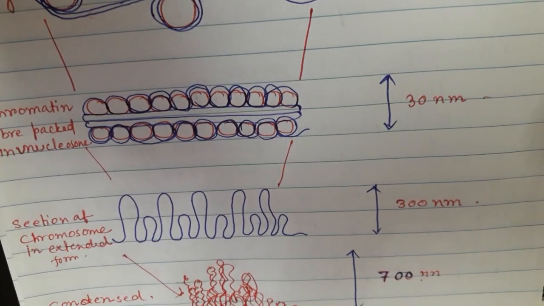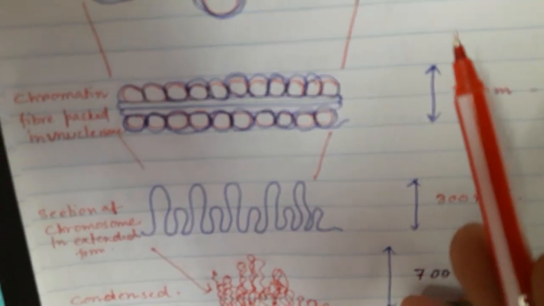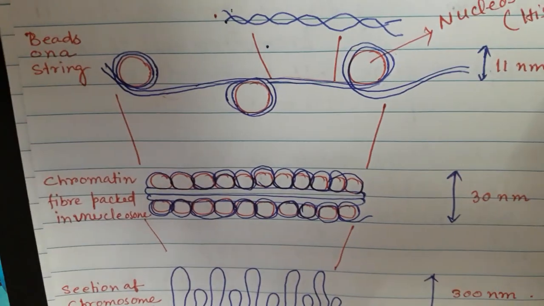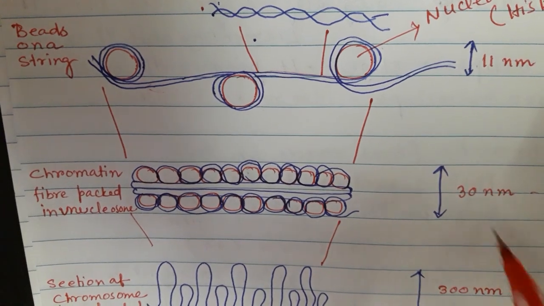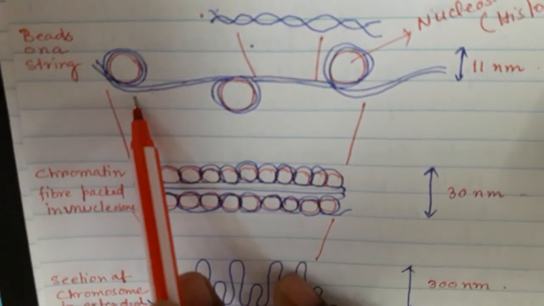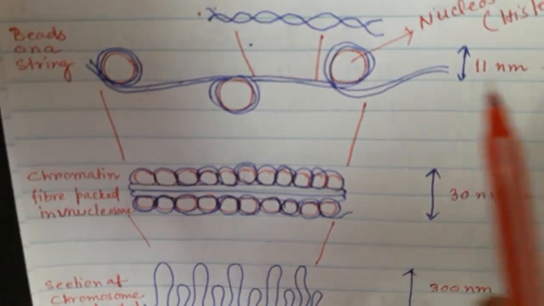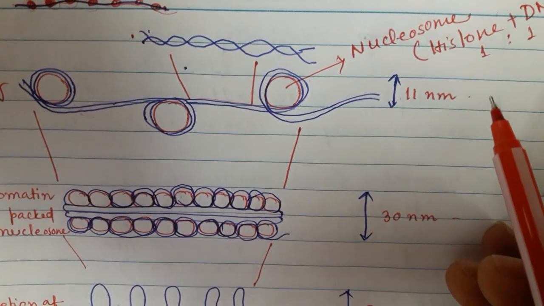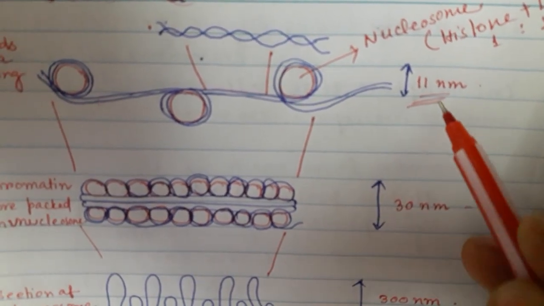Now, how is this nucleosome packaged inside the chromosome? This is known as packaging of the nucleosome. The diameter of the nucleosome, which looks like beads on a string or chromatin fibers in a non-dividing cell, is 11 micromillimeter.